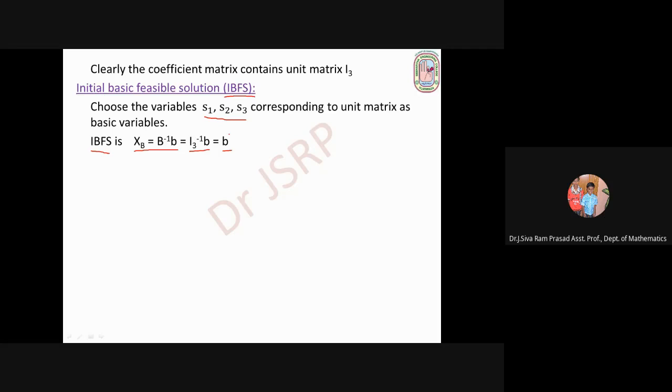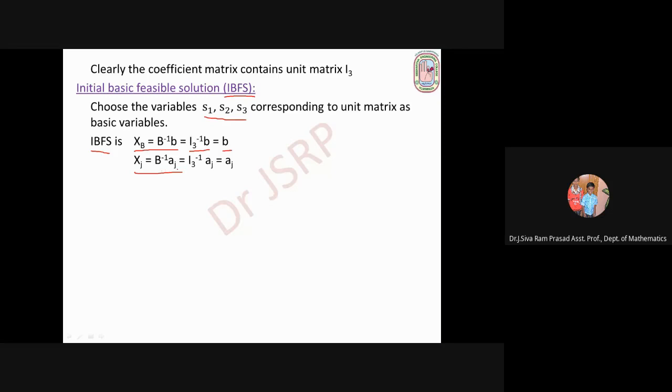So each problem involves the same steps. Okay. So I have to write the steps sequentially. Next, for each variable, we have to calculate a vector and a scalar. Next, capital Xj. Capital Xj equals capital B inverse Aj. So these are the notations I have discussed in the algorithm.